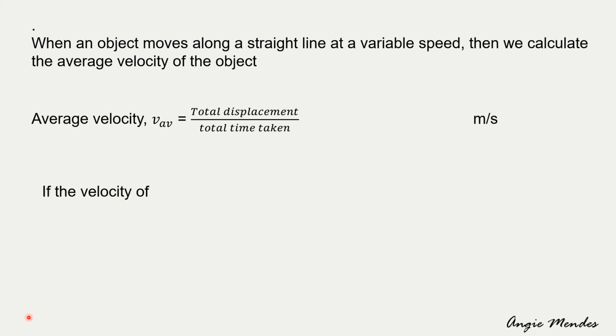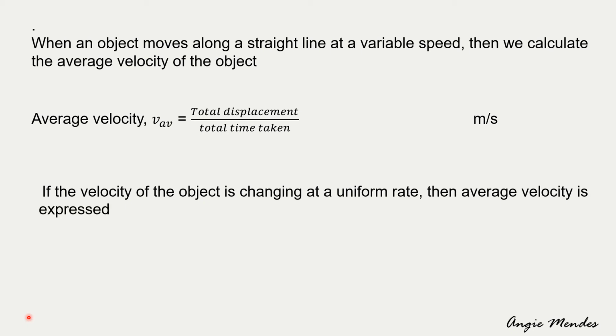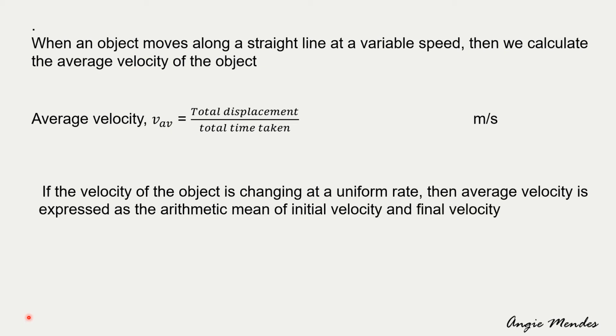Now if the velocity of the object is changing at a uniform rate, then the average velocity is expressed as the arithmetic mean of the initial velocity and the final velocity.